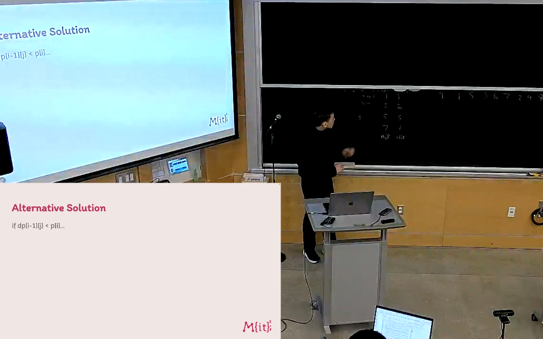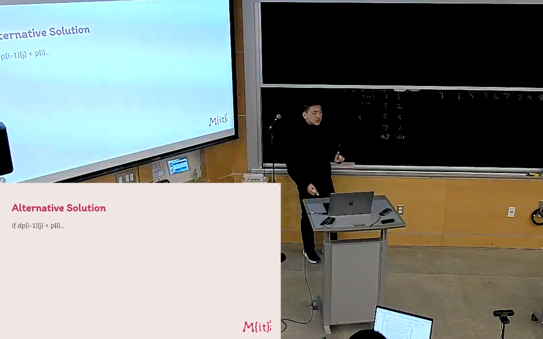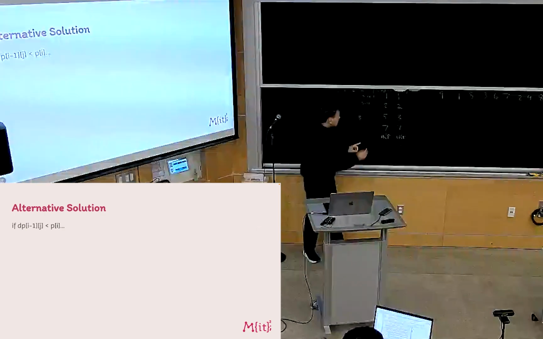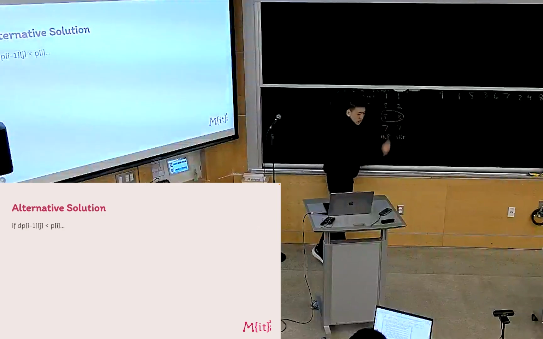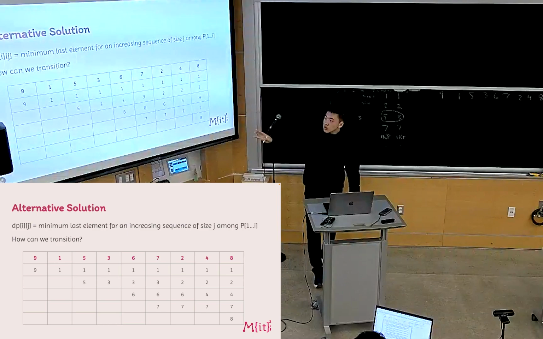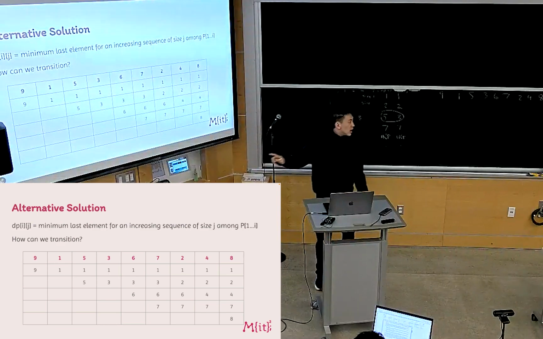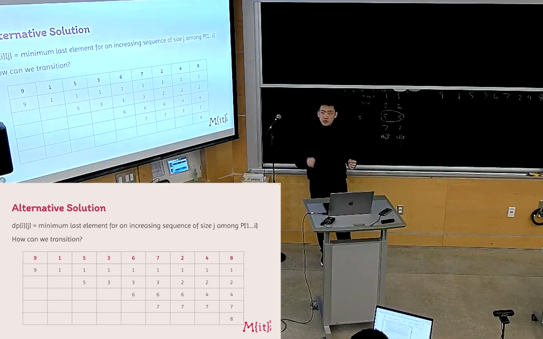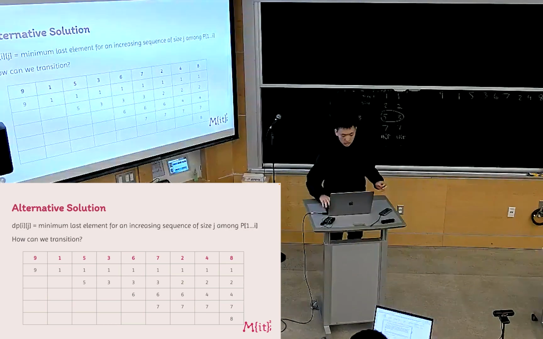And so what you can notice about this array is that every single time, we're only changing exactly one element. And you can see over here, every time, we're changing exactly one element. And that element is the smallest element within the array that is bigger than our current element.